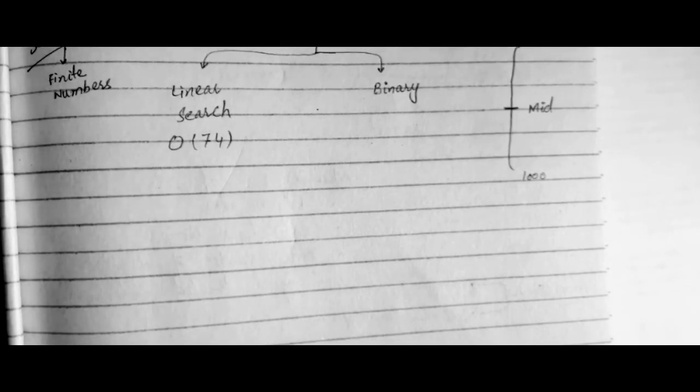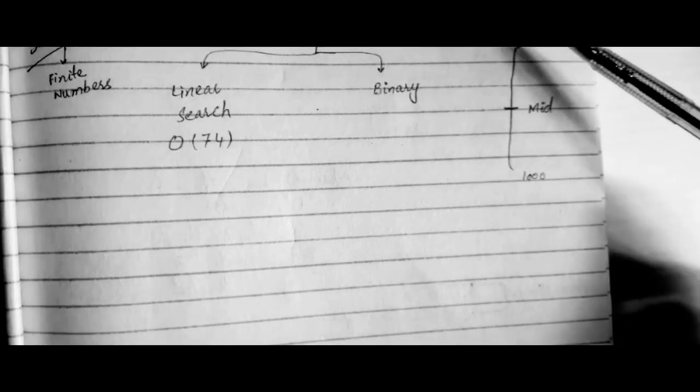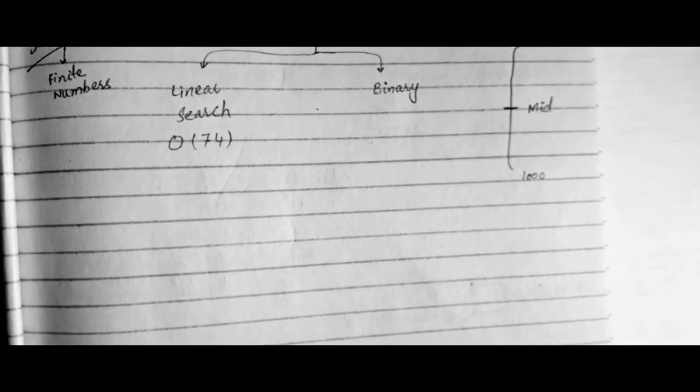For example, we have data from number 1 to 1000 and we have to search the number 468. We will find the midpoint of the data, which will be equal to 500. As 468 is less than 500, we will discard all the data after 500.